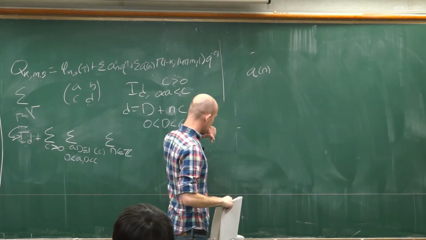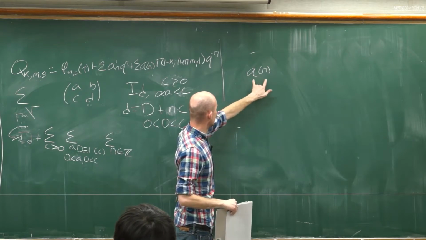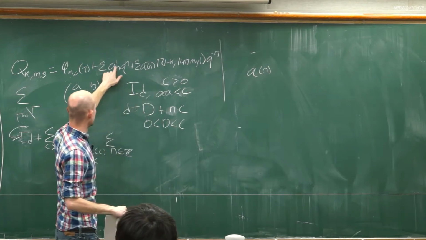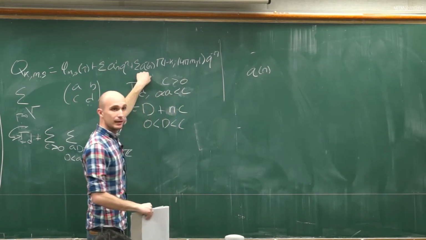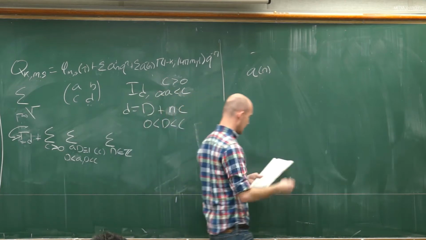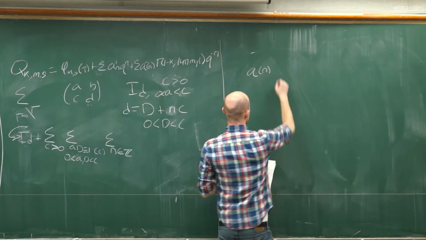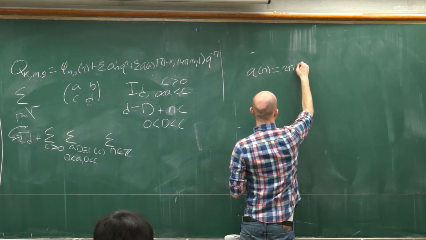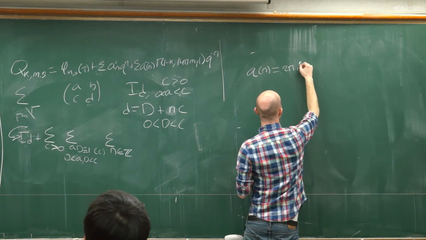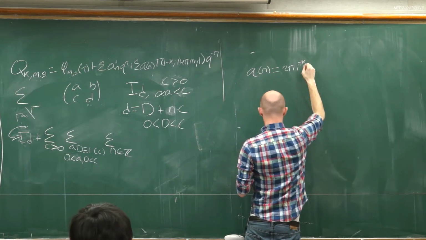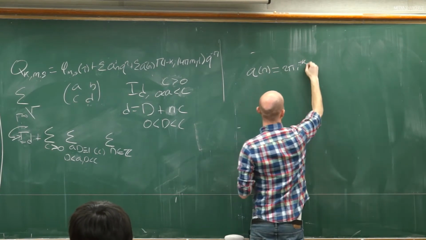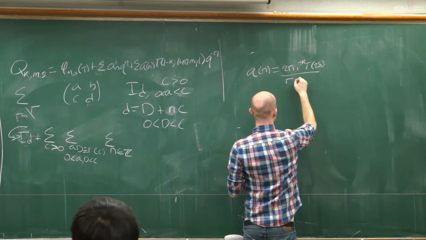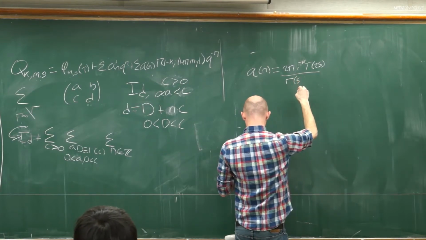The formula is actually going to work out the same for these, but if n is positive, then I'm looking at A plus of n. If n is negative, I'm looking at A minus of n here. Okay, so this formula is going to be given by 2 pi i to the minus k over gamma of 2s over gamma of s.